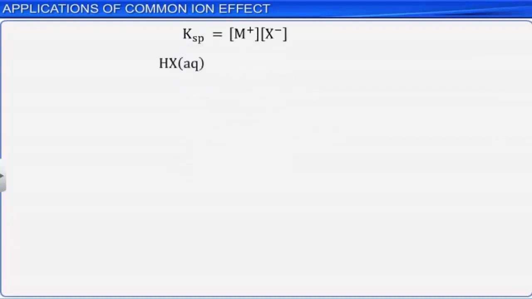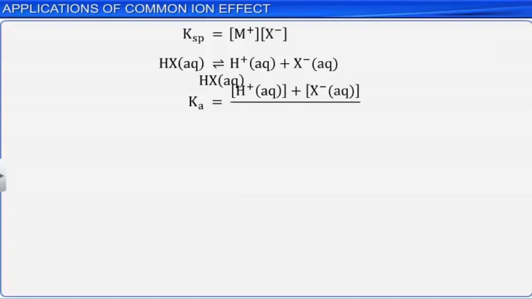HX ionizes to give H⁺ ions and X⁻ ions. Then Ka is equal to the product of molar concentrations of H⁺ and X⁻ divided by HX concentration. On rearranging the equation, we get [X⁻]/[HX] equal to Ka divided by [H⁺].